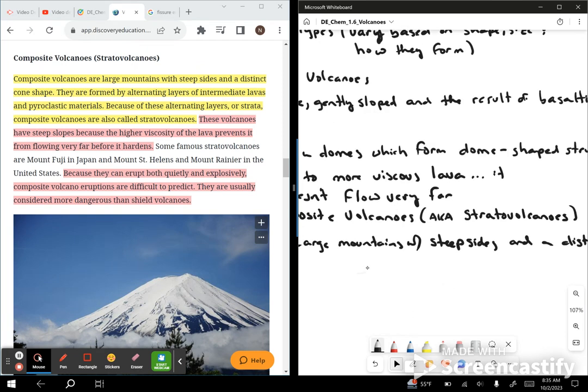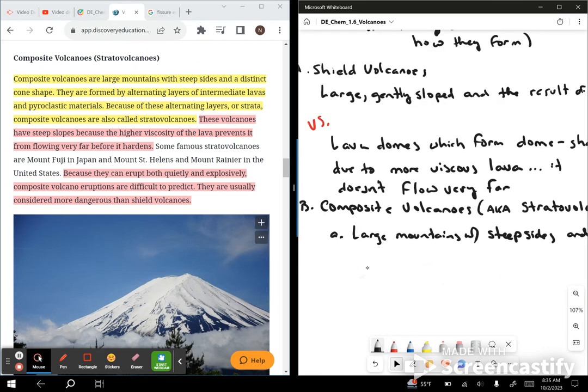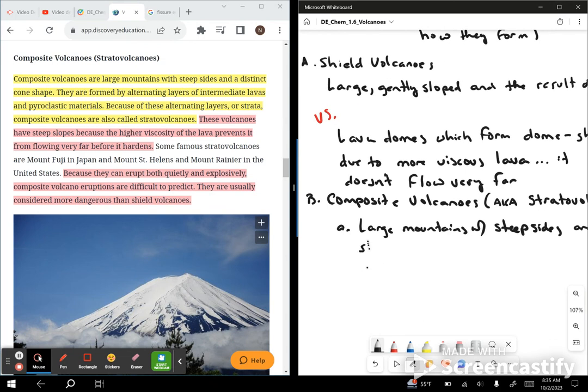This is your classic volcano shape, right? Steep sides, we can draw this if we want. Okay, there you go.